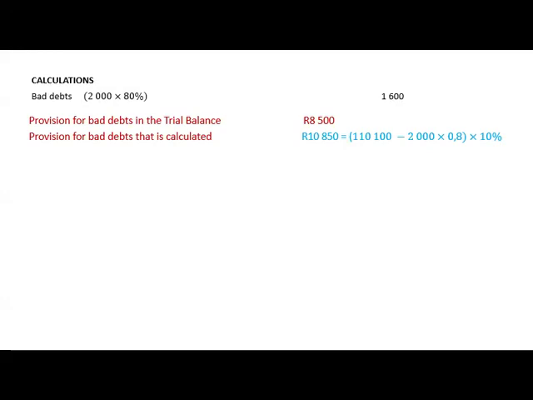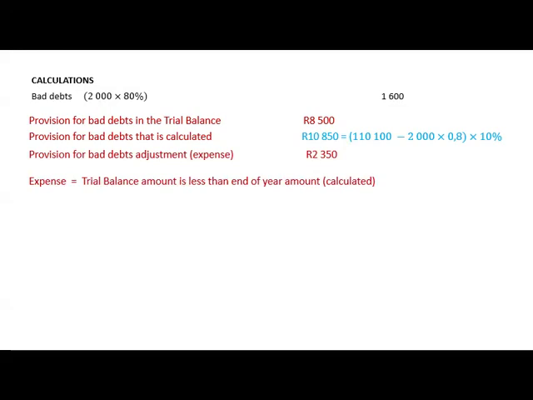It'll give you 10,850. The difference, is it an expense or is it income? It's an expense because the one in the trial balance must be topped up. That 2,350 is an expense. The reason why we subtracted that is because this is the bad debt amount.